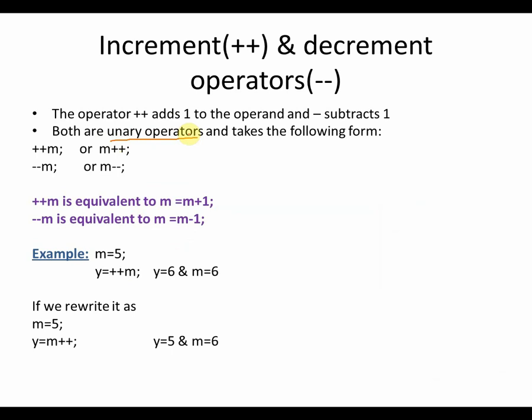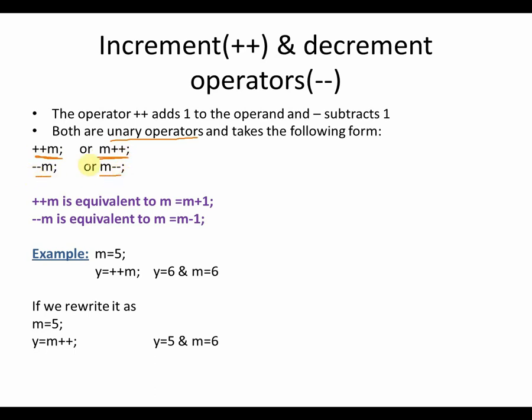They are used on one operand, hence they are termed unary operators. The unary operators are of two forms, either this way or this way. Plus plus means increment, and minus minus means decrement.